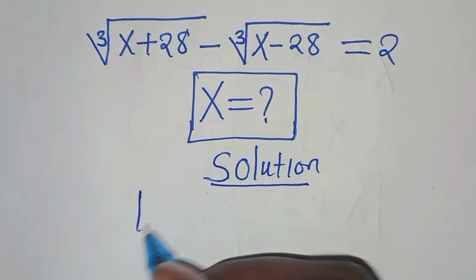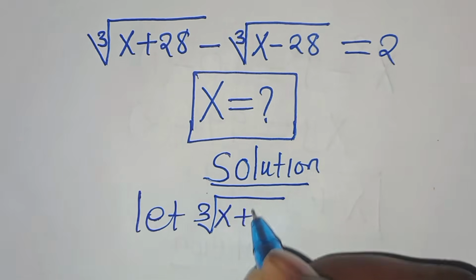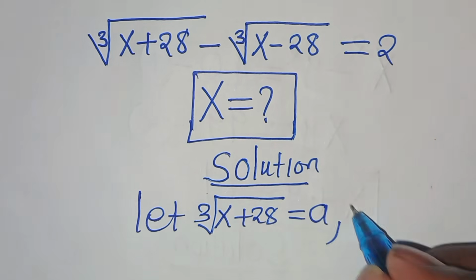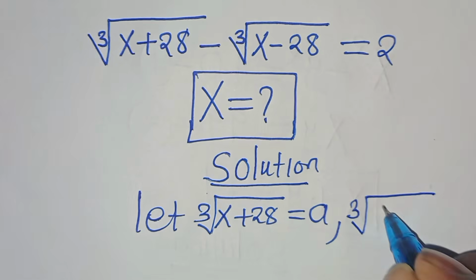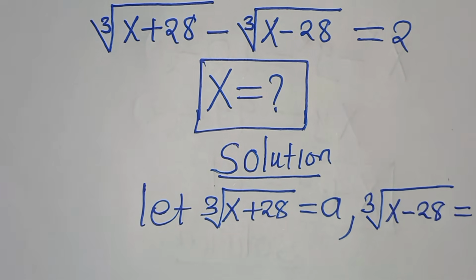Now the first step is we can let the cube root of x plus 28 be equal to a, and we can let the cube root of x minus 28 be equal to b.